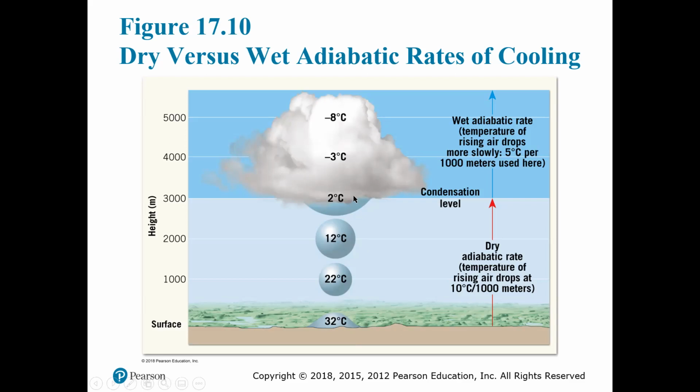Once it reaches the condensation level and still rises, it's still going to get cooler, but the rate at which it gets cooler slows down. So that is how we get cloud formation even when it's cold, because we're getting above this condensation level.